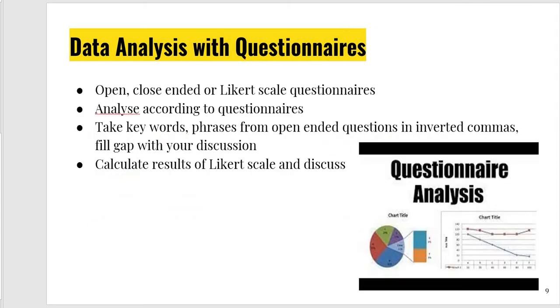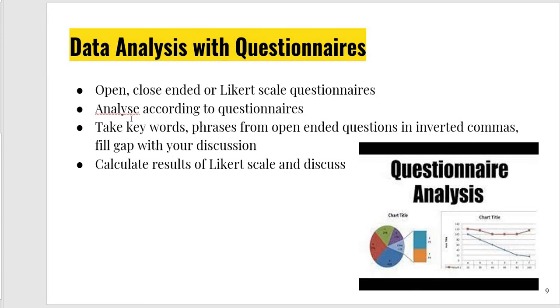Data analysis with questionnaires. Some studies have used questionnaires. Remember, I'm saying again and again that one method cannot be applied to others. There are different types of questionnaires: open-ended questionnaires, close-ended questionnaires, and Likert scale type questionnaires.